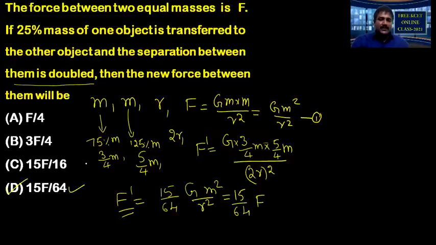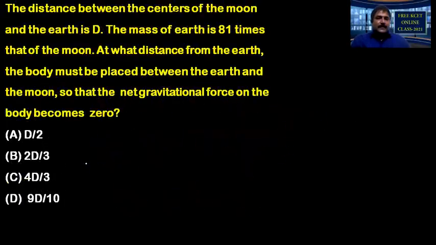Now I move to the next question. The distance between the centers of the moon and the earth is D. The mass of the earth is 81 times that of moon. At what distance from the earth must a body be placed between the earth and the moon so that the net gravitational force on the body is 0?